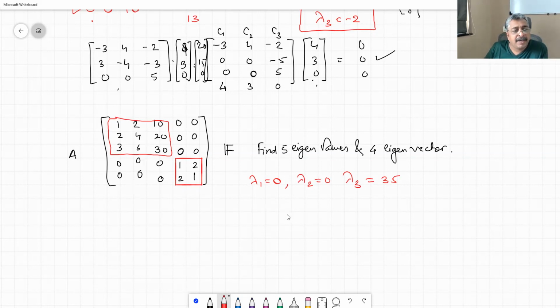Their corresponding vectors were 2, minus 1, 0 at that time. For lambda 2 equal to 0, it is 1, 0, minus 1. And for 35, it was 1, 2, 3. Right? So there is not much change in this.